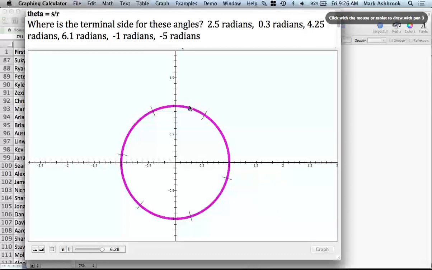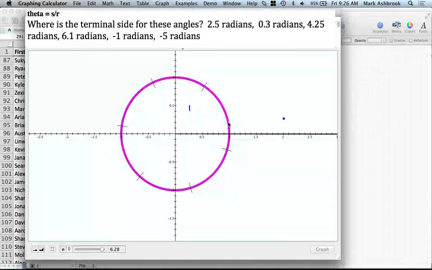Right there. So it'd be starting here, going clockwise, all the way around to there. That angle right there would be our -5.